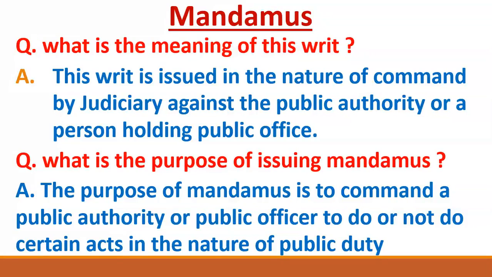For example, in the example of Bhadru, the Supreme Court ordered the municipality not to destroy the house of Bhadru. So Mandamus means when a court gives an order to any government officer or government authority to do or to not do any work. So this was the meaning of Mandamus.